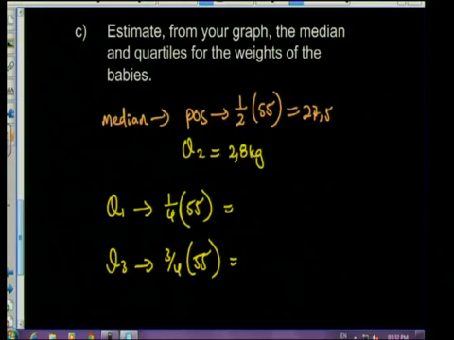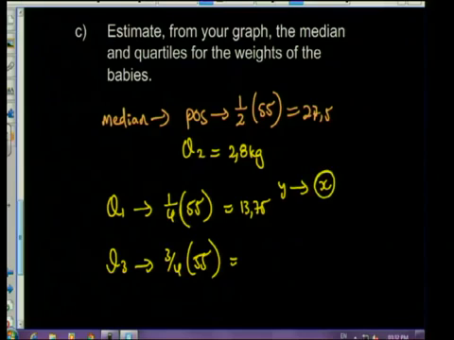It is telling me where to look. So this is roughly 14. It's about 13.75. So I know that I'm going to take this off the y to go and find an x value, because this is how many babies, where it would be in the sorted babies. 3/4 of the 55, so I'm looking at the top end, the upper quartile, that is roughly 41.25.